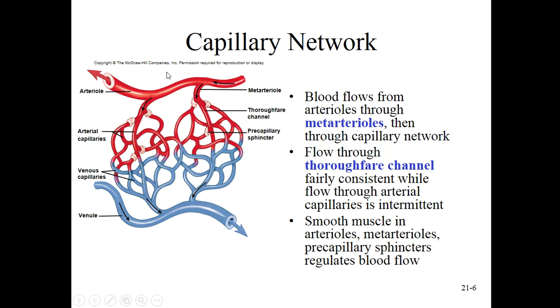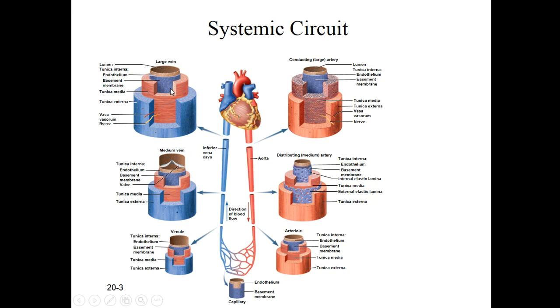Capillary beds are made of the very tiniest blood vessels, capillaries, and these are the only vessels that are permeable enough to allow for gaseous and nutrient and waste exchange. Even the next smallest, these arterioles, or certainly these very large vessels like the aorta itself, are far too thick to allow for oxygen to diffuse through or for wastes to diffuse into.